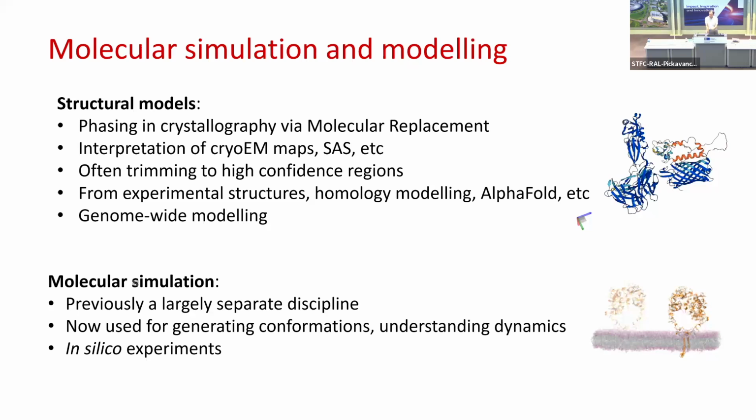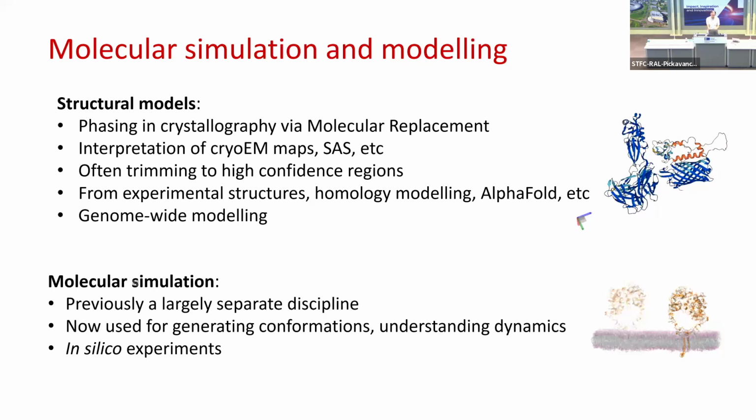That often involves getting structural models from a variety of sources, whether it's other experiments or from homology modeling, these days from AlphaFold, and tweaking them to fit the current data set. Traditionally, that's what's done in molecular replacement, and we've had pipelines for that for a long time.